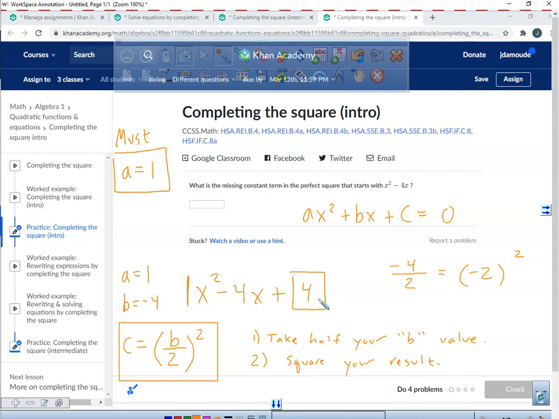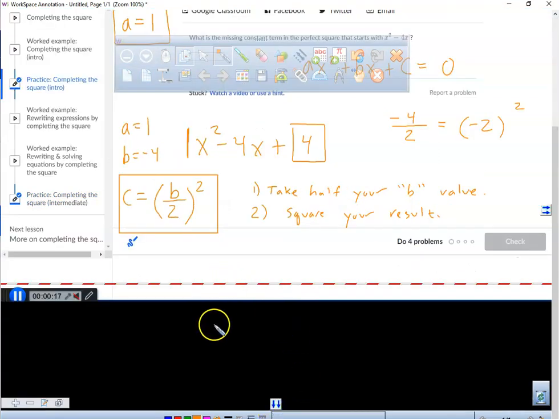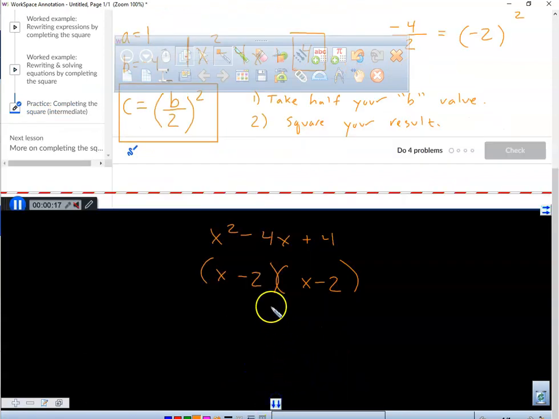Now, let me tell you why we need to do that. So I'm going to go down here. If we have x squared minus 4x plus 4, now this factors to x minus 2 times x minus 2, and now we have what's called a perfect square binomial.